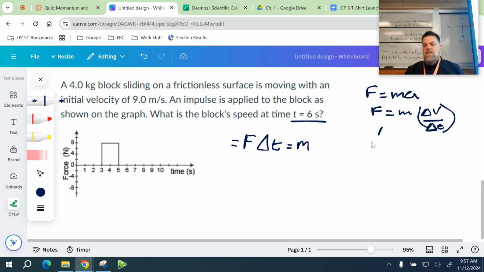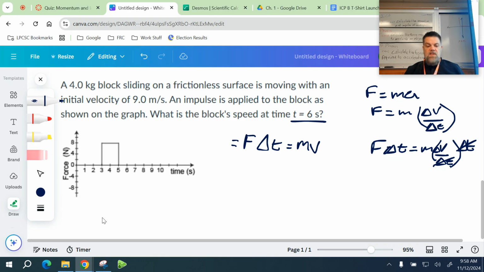Well, now if I take force and I multiply it by delta T, then that's really delta V over delta T times delta T, right? Well, that cancels out, and so force times delta T is really just the mass times the change in velocity. So that's where you get impulse is equal to the change in momentum, right?